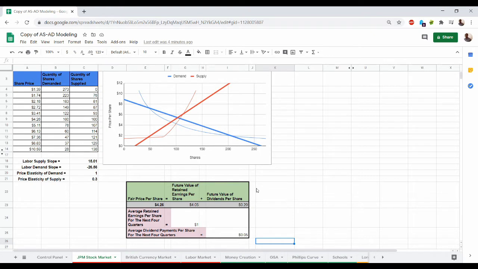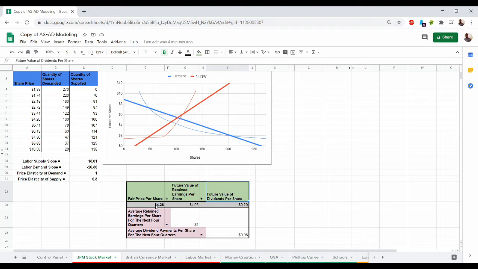This isn't necessarily the traditional way of analyzing stocks to find out what their fair price is, but we can effectively build a smaller model here in the middle of our sheet that looks at the fair price of a stock being a function of the future value of retained earnings per share and the future value of dividends per share.